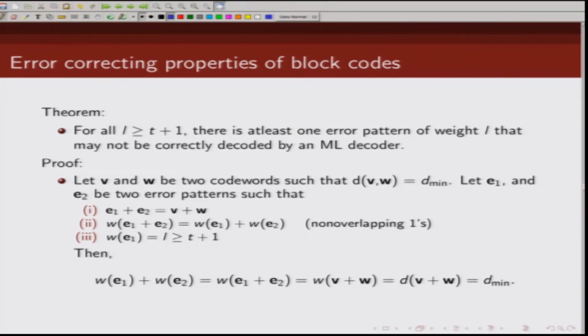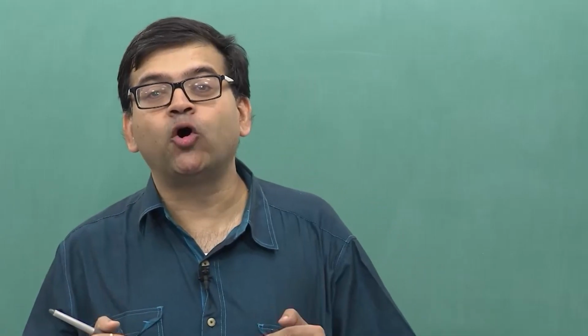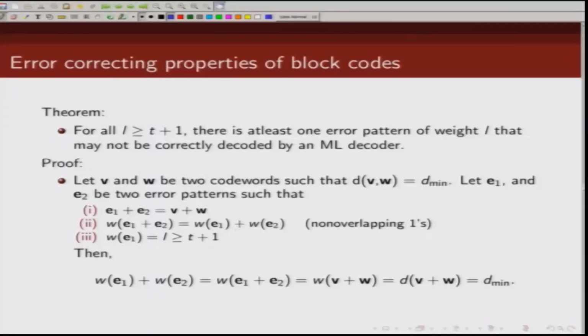The second property is that E1 and E2 do not have any overlapping ones. So, the weight of E1 plus E2 can be written as the weight of E1 plus the weight of E2. And we will show that if there is an error pattern of weight L, where L is at least t plus 1, then our maximum likelihood decoder will make an error in decoding.